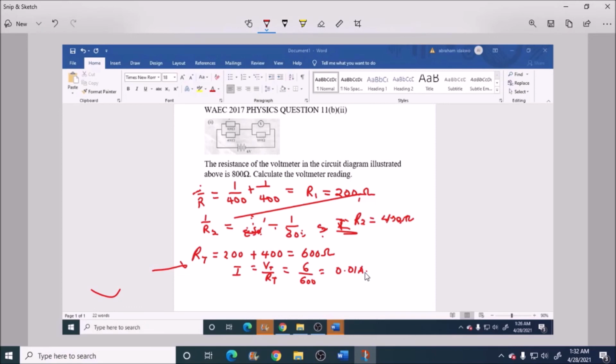Okay, now to find the voltmeter reading, the voltmeter reading will be equal to the PD across R2, and that will be equal to 0.01 times 400, and this will be equal to 4 volts. So we've been able to calculate the voltmeter reading. So the voltmeter reading is 4 volts.